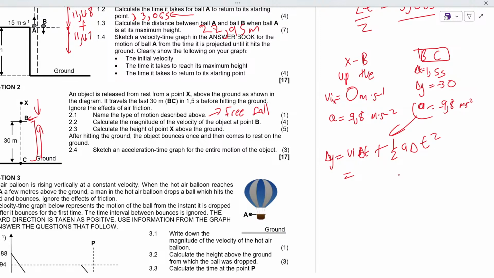Then we have the velocity we are looking for times 1.5, plus half into negative 9.8 times the change in time squared. The important thing here is that you just have to work backwards to get your answer.